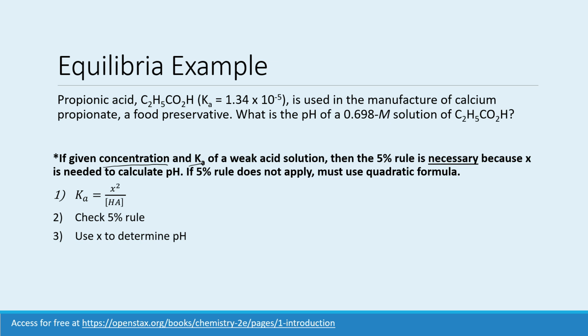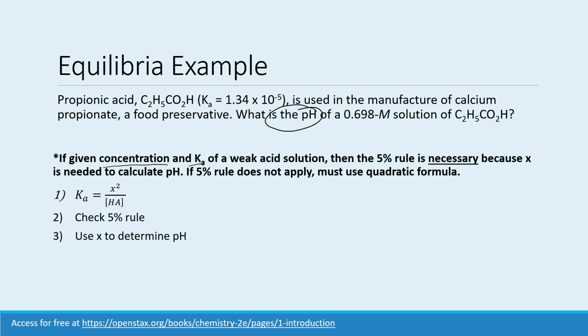If you're given the Ka value and you're asked to determine what the pH is, then the 5% rule is necessary, because we are having to calculate X from that equilibrium expression, and we can't get it from the pH value. If the 5% rule doesn't hold up, then you have to apply the quadratic formula, and so you have to include that minus X part, and it just makes it a few extra steps.